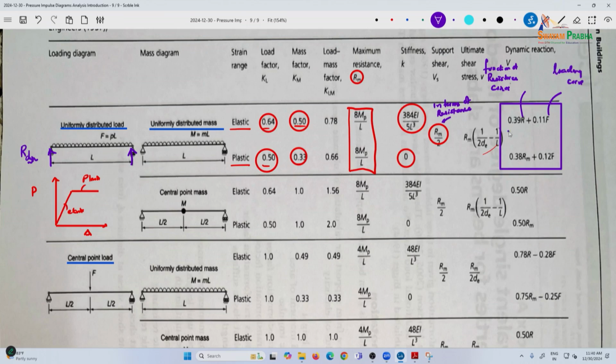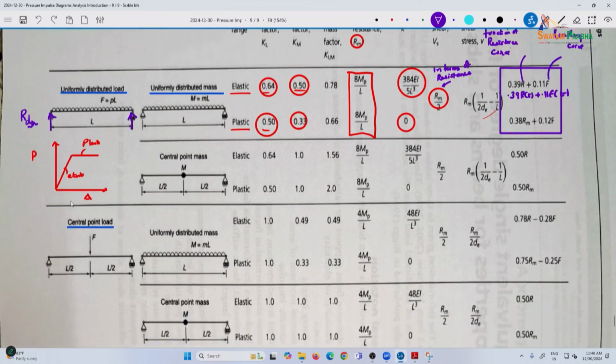So, you can say it is 0.39 R of t plus 0.11 F of t. And of course, you need to find out where the maximum resistance and the maximum load are. So, you have that for the central point load.